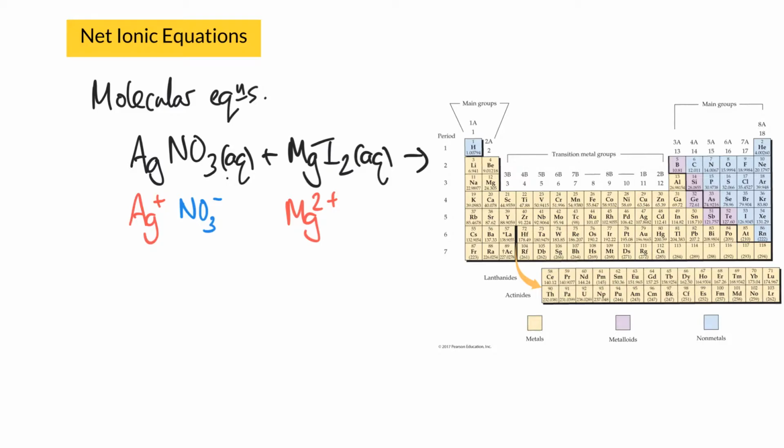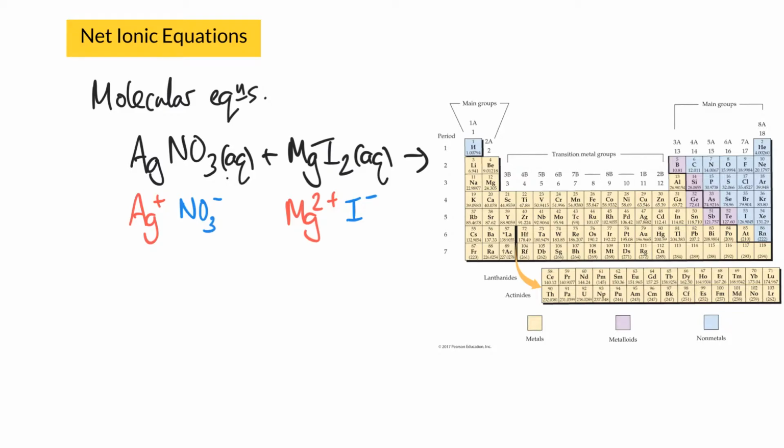Then we look at the iodide. Although it says I2, that just means that that's I-. And what does the 2 tell us? Well, the 2 tells us that the charge on an I- doesn't cancel out the charge on an Mg2+. So we need a second one. We could write the second one down if we wanted to, but there's really no need.